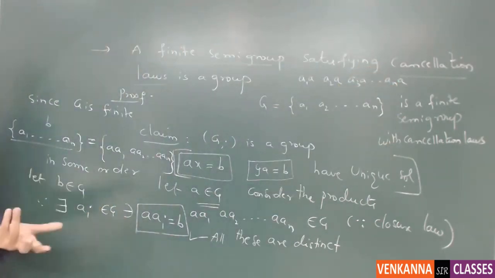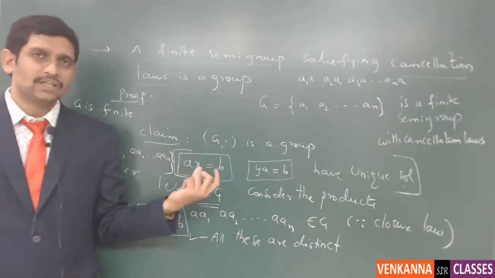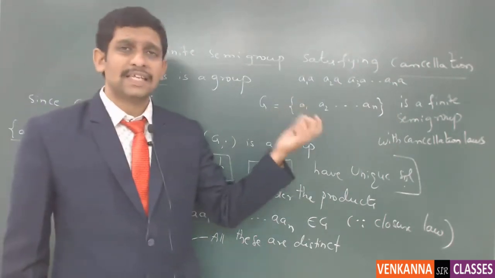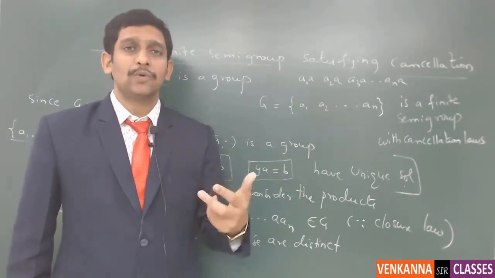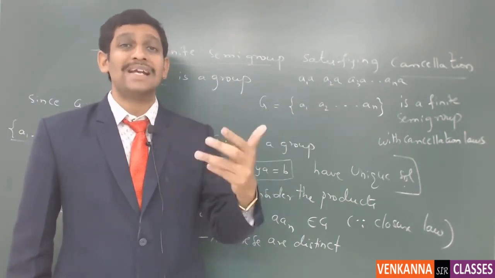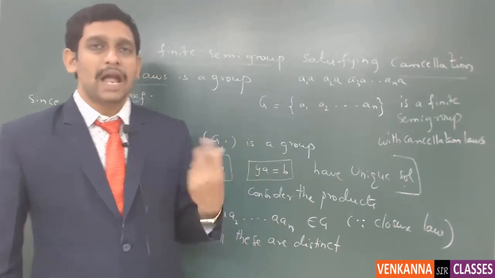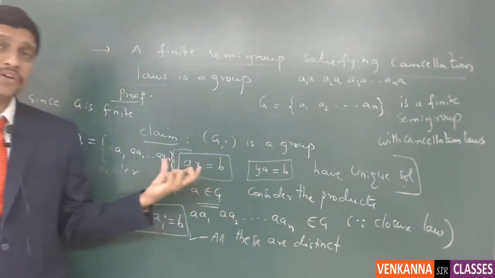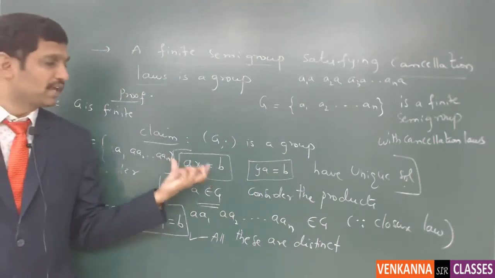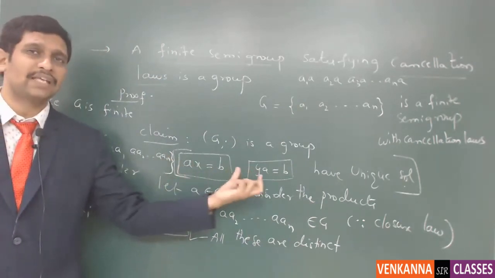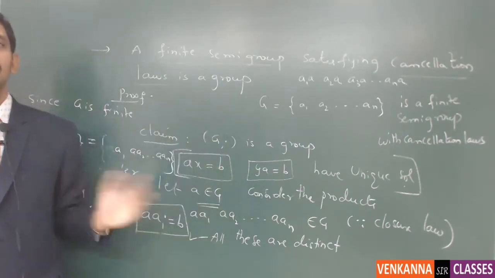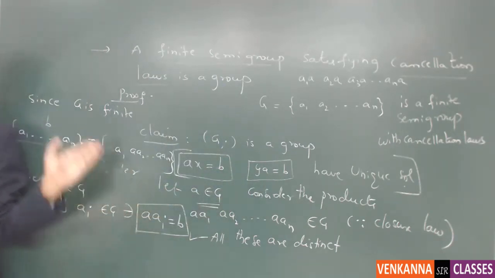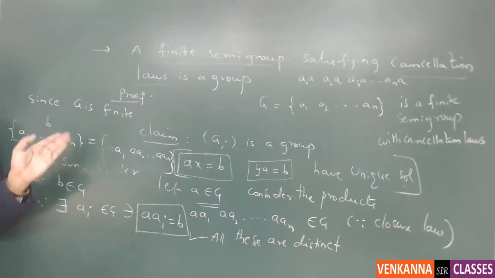So I am proving that, in order to establish the properties of identity and inverse, whenever you take an equation of the form Ax equal to B and Ya equal to B, they have a unique solution in the set. Therefore, by the previous result, it is nothing but a group. That is the overall view.